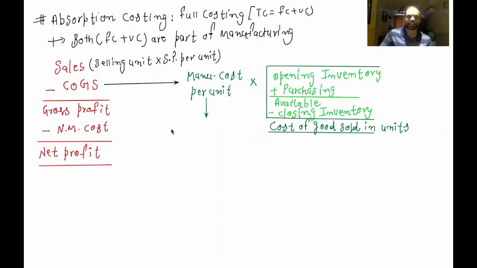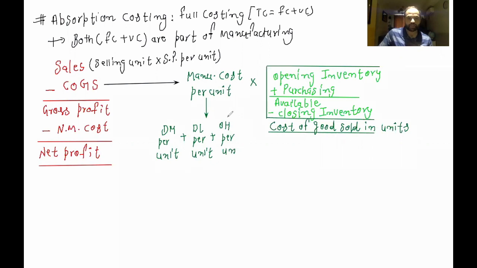Manufacturing cost per unit is direct material per unit plus direct labor per unit plus overhead per unit.